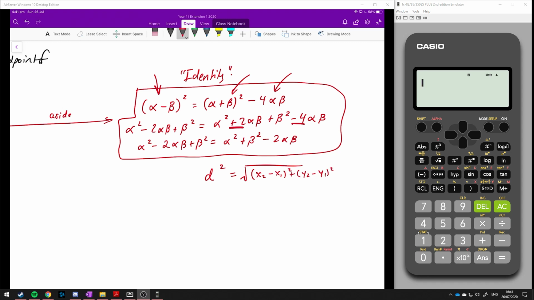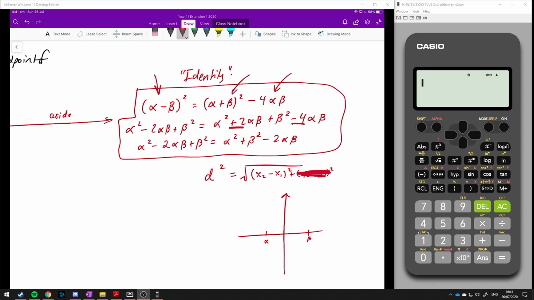Now, what we've got above here is the difference in the two roots. Think of the two roots along a straight line. So here's alpha, here's beta. We're trying to work out how long it is between the two roots. So the horizontal distance has no y values at all.